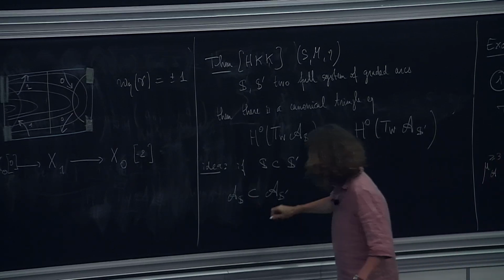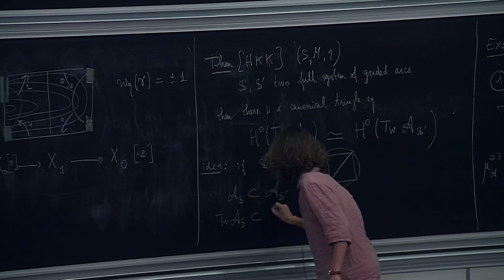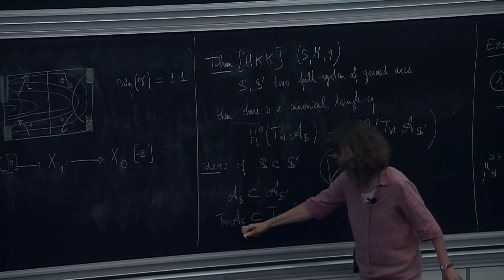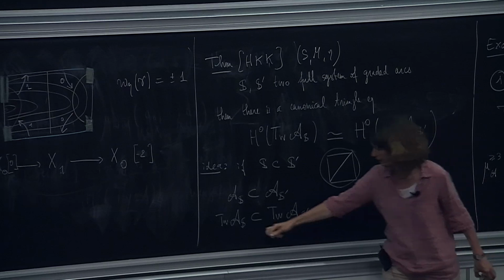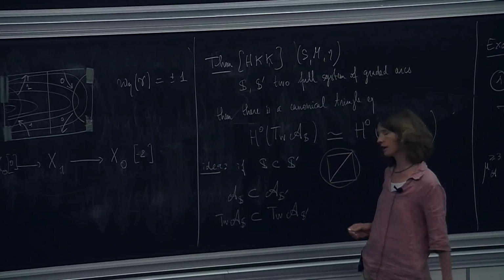And these embeddings give me, so here it's not that obvious, but this is due to Seidel's construction, that it induces also something like this, which is an equivalence when you take the homology.